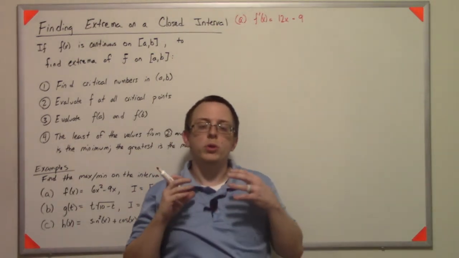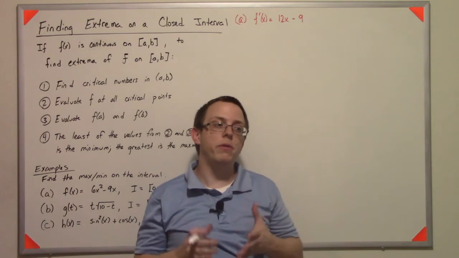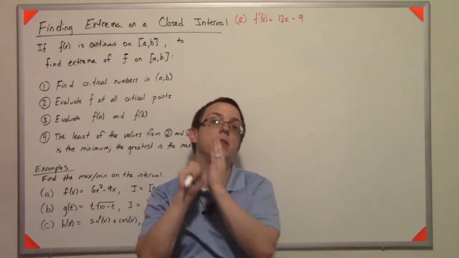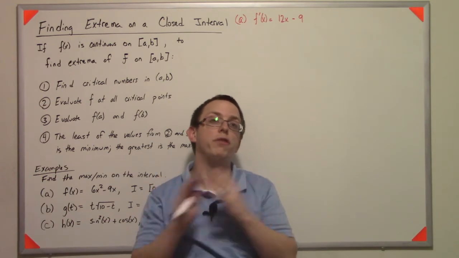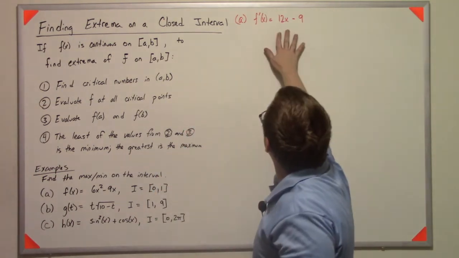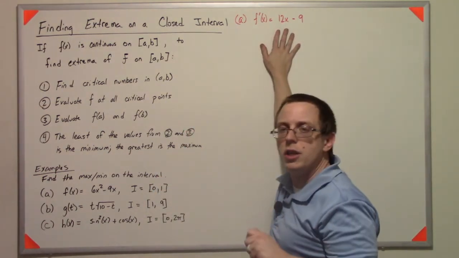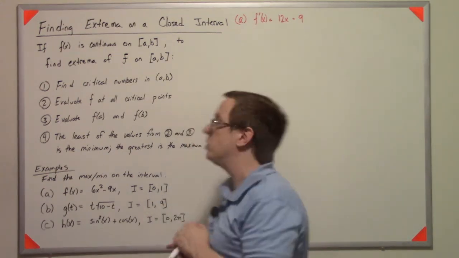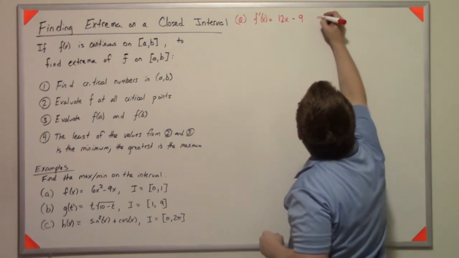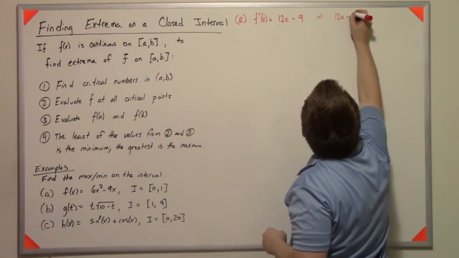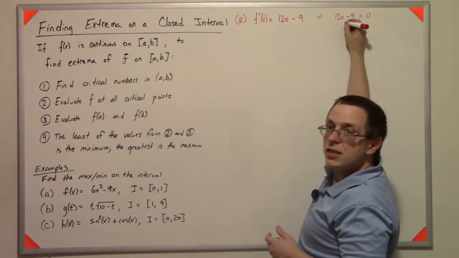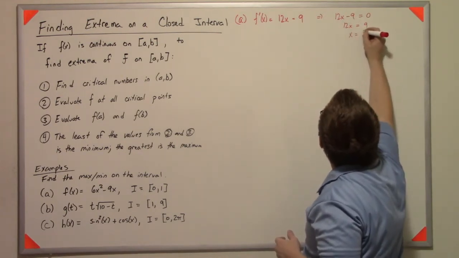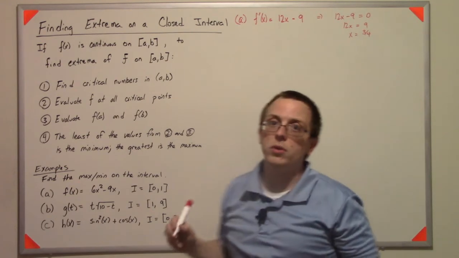Now, remember, a critical number happens when the derivative is either 0 or when the derivative fails to exist. Well, this derivative is going to exist everywhere because it's just the equation of a line. But for what x value is this equal to 0? If 12x minus 9 is 0, that's the same as saying 12x equals 9, or x is 3/4.